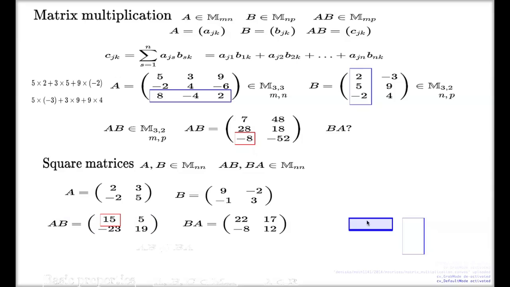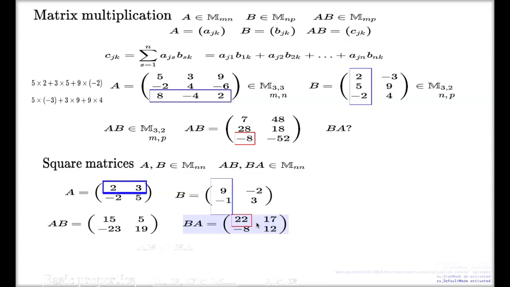So I have to take the first row in my first factor, and I have to take the first column in my second factor. If I dot product these two vectors, 2 times 9, 18, take 3, it is 15. Now, if I look at the corresponding element in my BA product, look at this, 22. It's the element which sits in the first row, first column.